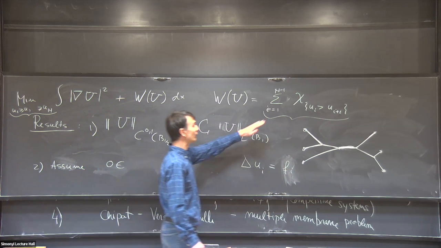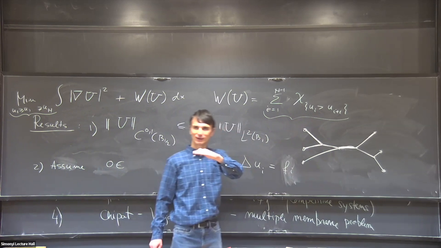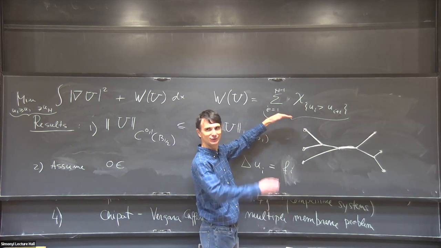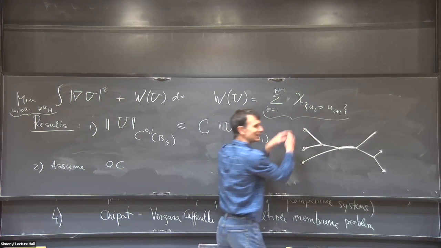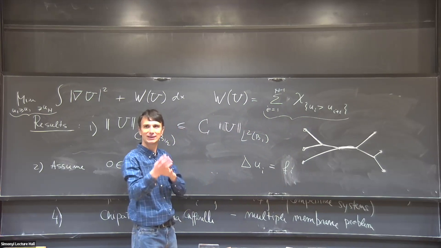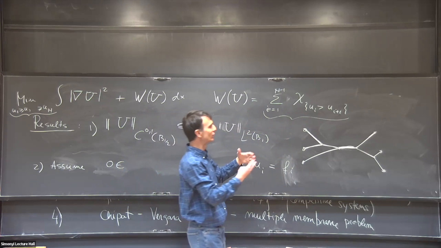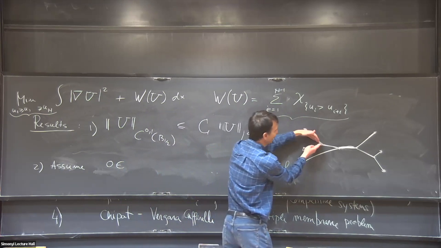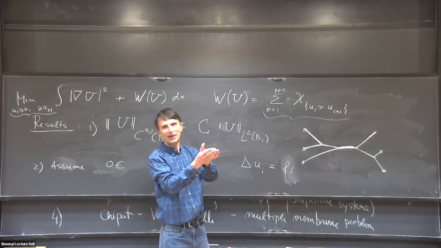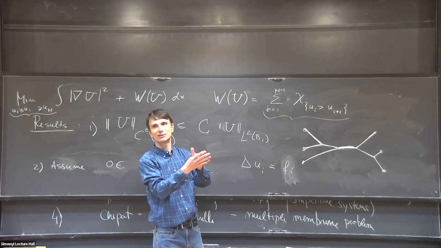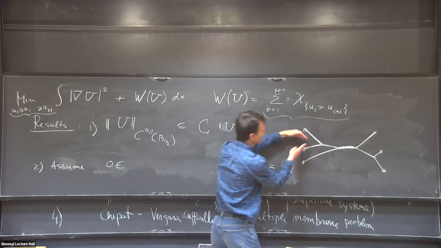So let me go back to the model like this, which is the one that I consider. Depending on the model, you get different things. Like when you deal with obstacle problems, you're not going to have angles. The membranes would intersect smoothly.